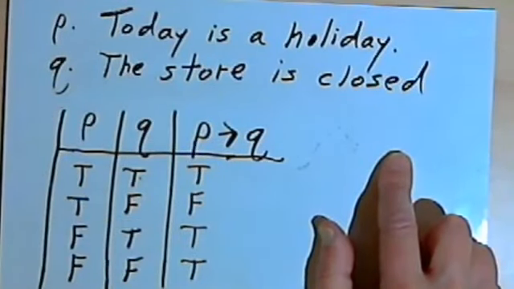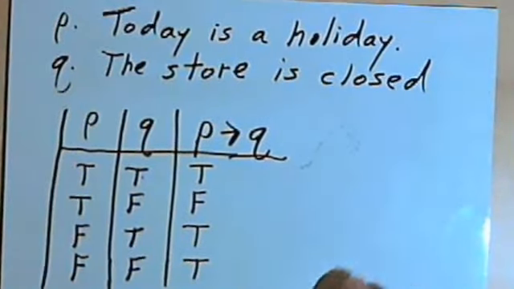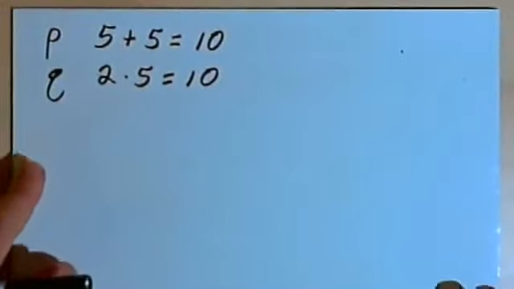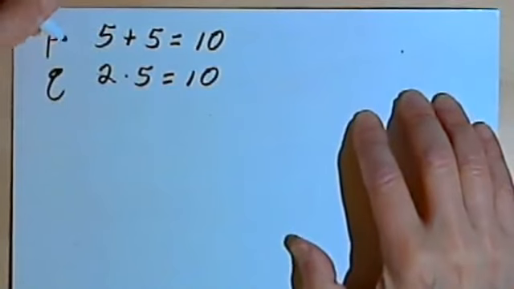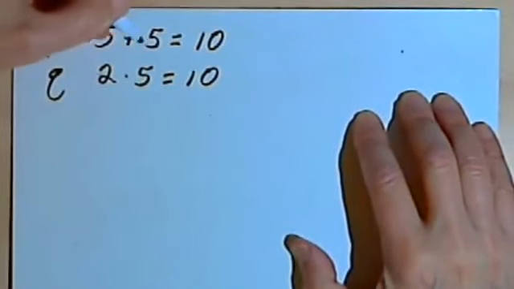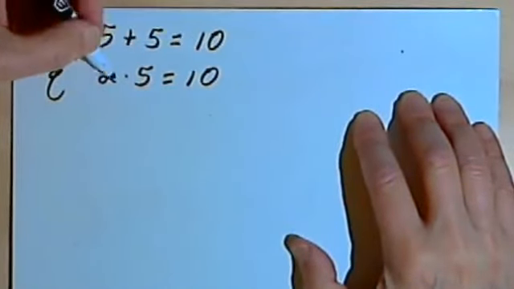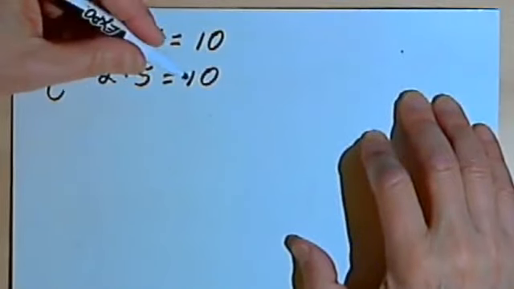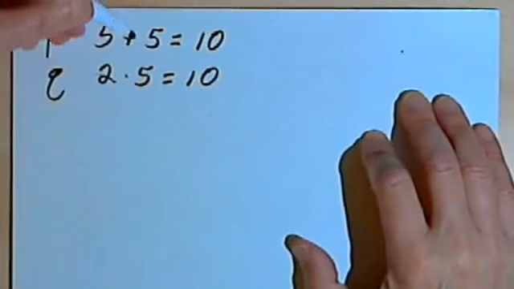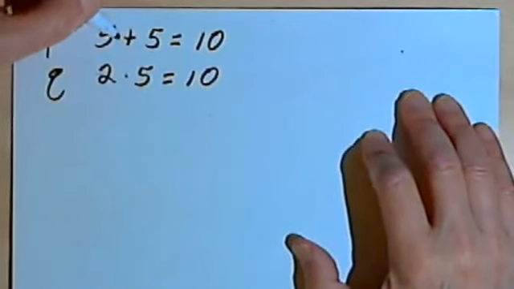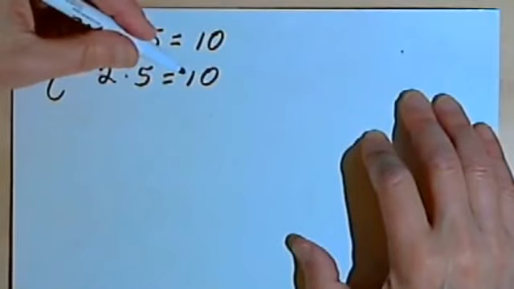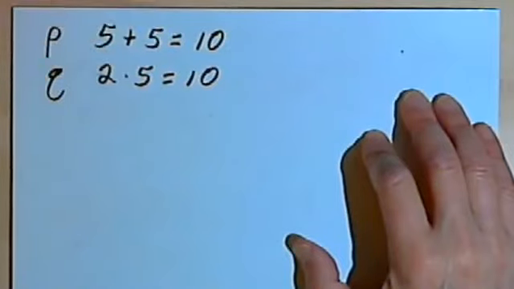Okay? Now, we've also got something called biconditional statements. Biconditional statements work like this. I've got statement P, 5 plus 5 equals 10, and statement Q, 2 times 5 equals 10. Now, if you think about it, given these two statements, I could say, if 5 plus 5 equals 10, then 2 times 5 equals 10, and that in fact would be true.